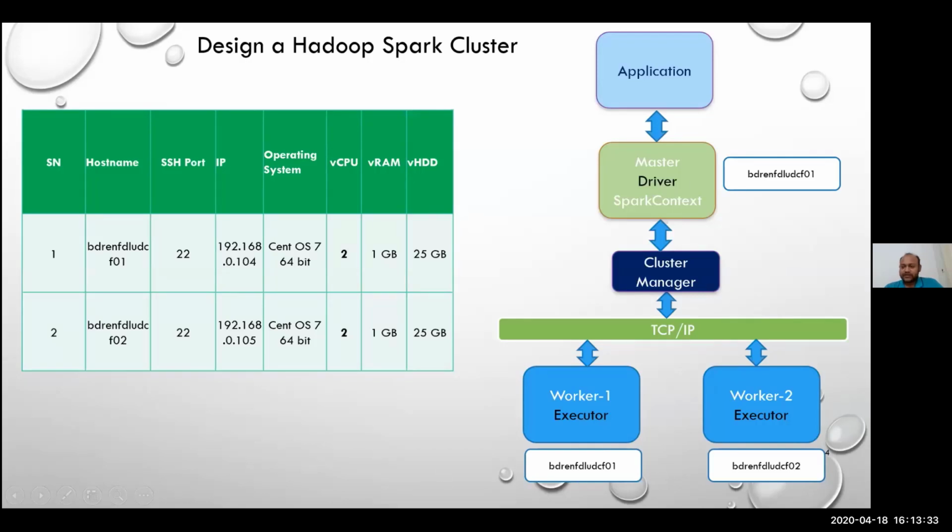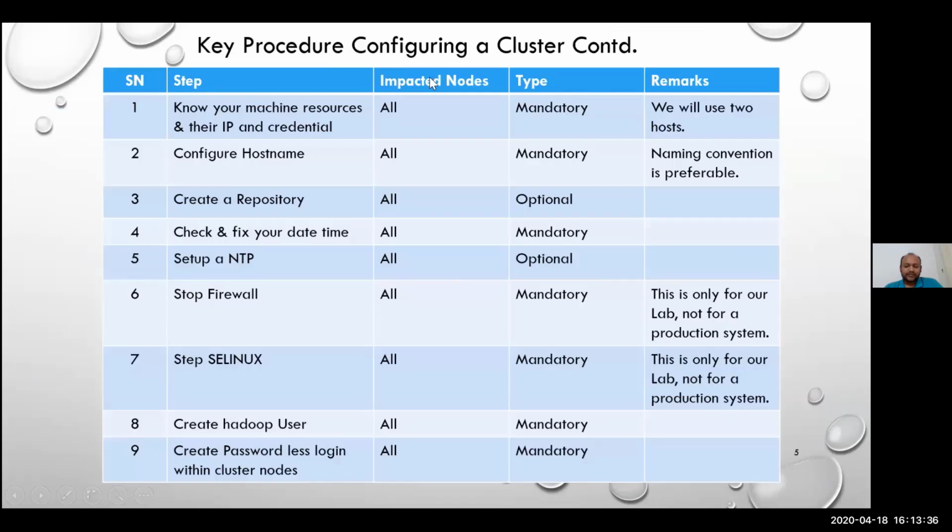And these are the key procedures. Many of these procedures we have already gone through as part of our HDFS or MapReduce Hadoop configuration, so these will remain the same because these are prerequisites. We are not going to create any additional user. We will be using the existing Hadoop user as the application user of Spark, so that from the Hadoop user we can assign jobs to Spark.